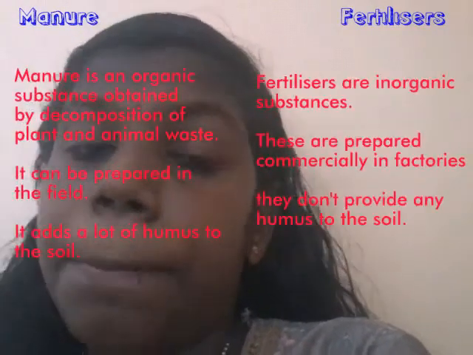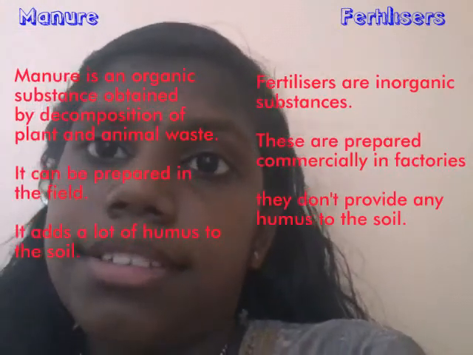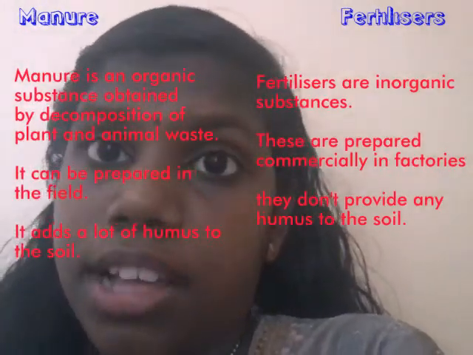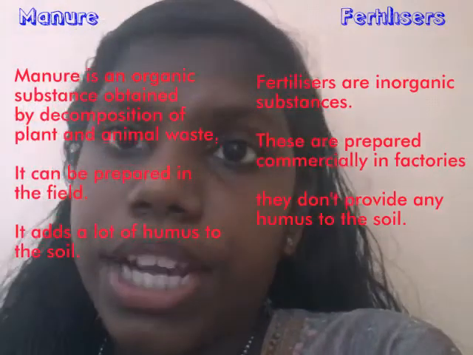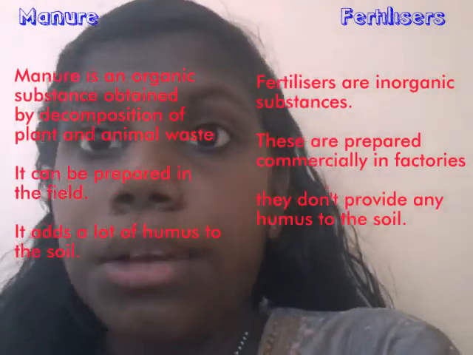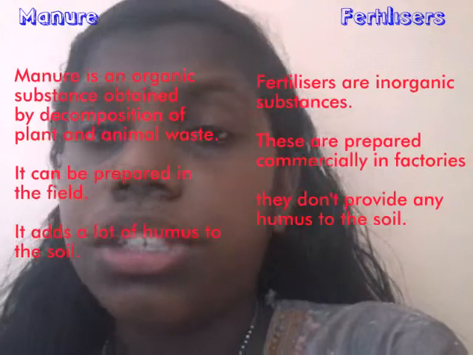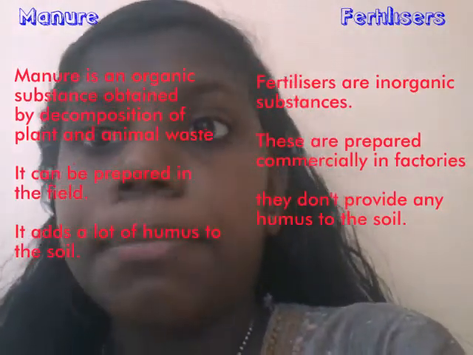So let's differentiate manure from fertilizer. What's manure? Manure is an organic substance. Fertilizer? Fertilizer is an inorganic substance. Manure is obtained by decomposition of animal waste and plant residue.